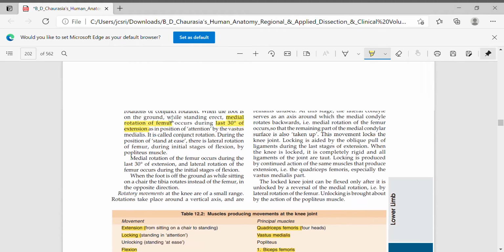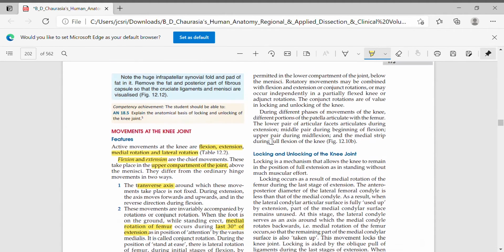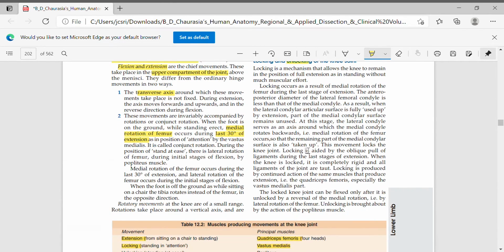Unlocking will be at the start, in the beginning of flexion. So locking, I told you, is the result of medial rotation of the femur at the last stage of extension, the last 30 degrees.